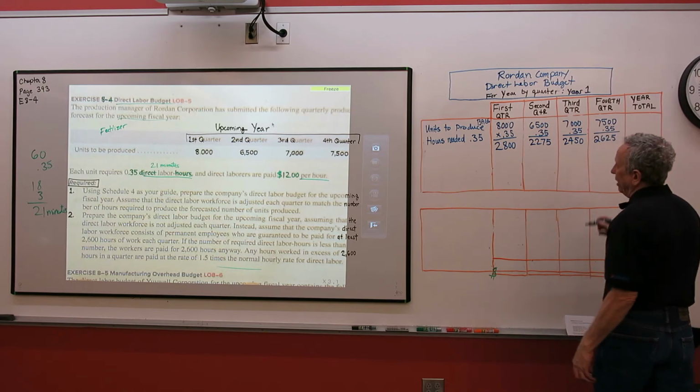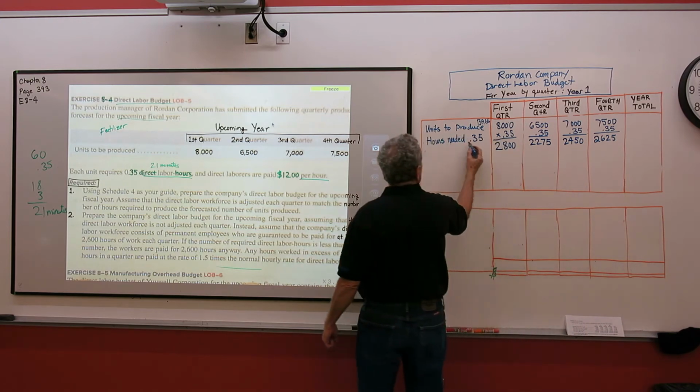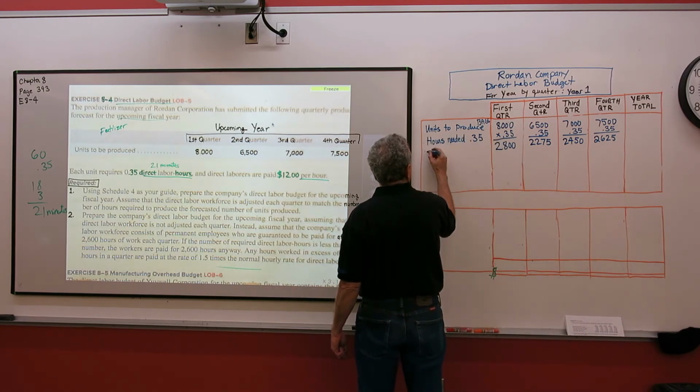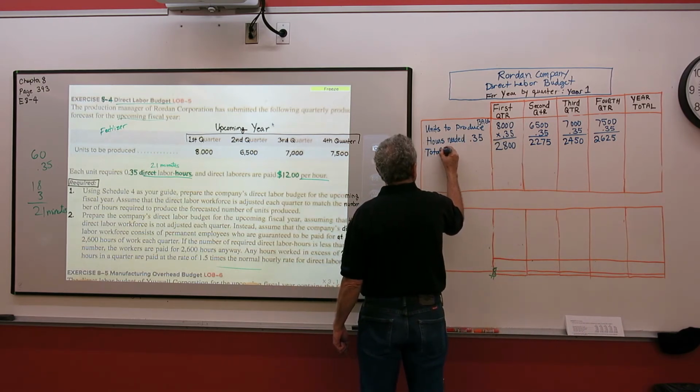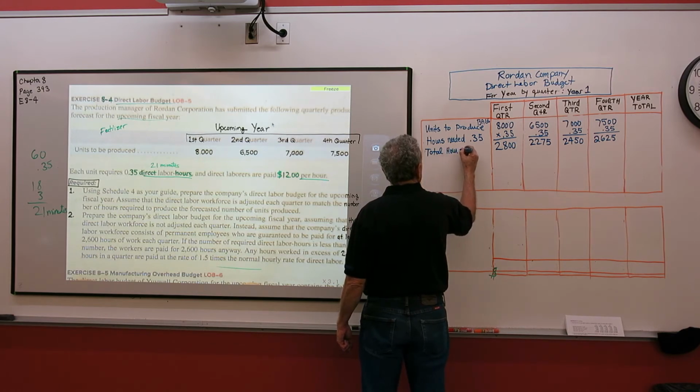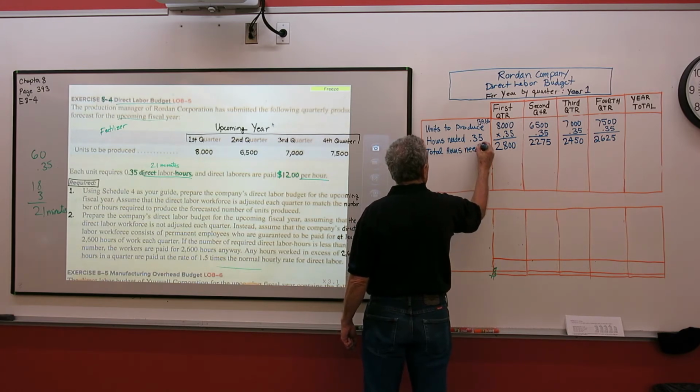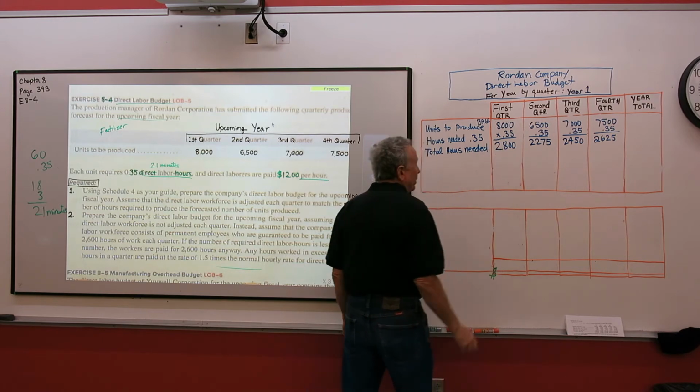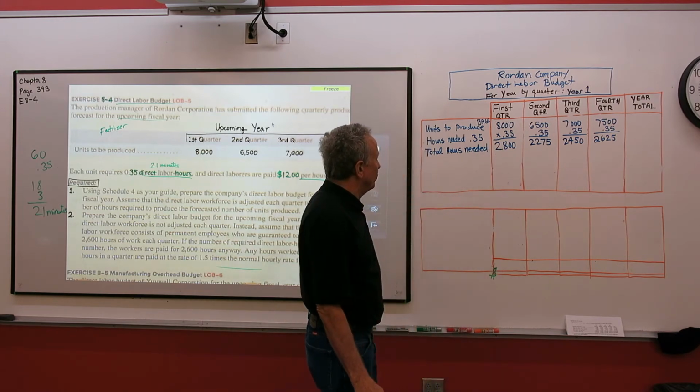Okay, there you go, that's in hours. So this is the hours needed per bag, 0.35, but this is total hours needed. All right, 2,800, 2,275, 2,450, and 2,625.